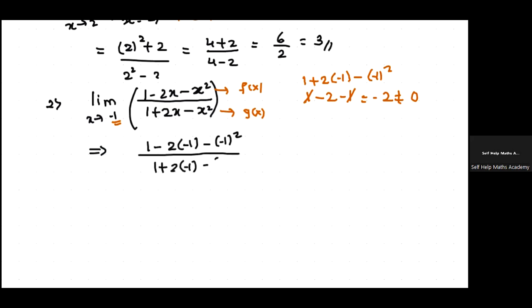This gives us 1 minus into minus plus 2 minus 1 the whole square we have, which is 1, and this negative 1 divided by, this is you have already, so 1 minus 2, 1, this is minus 1. So minus 1 plus 1 cancels in both the case, and this is 2 divided by negative 2, which is minus 1.